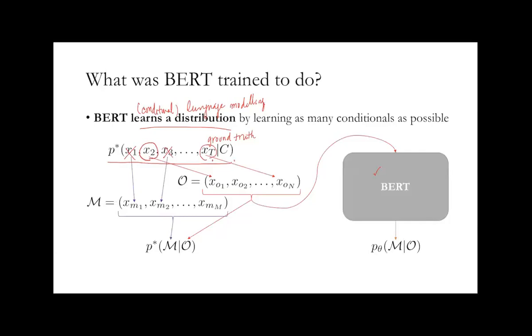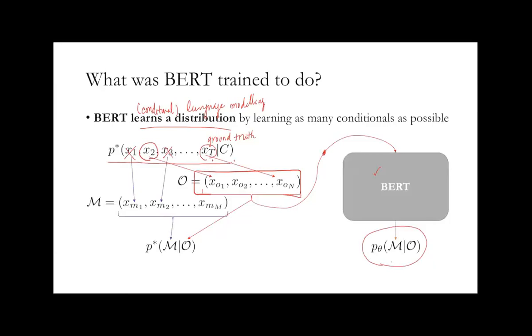We are corrupting the sentence so that some words are masked out. BERT cannot see those words, and that is what goes into BERT as the input. Then BERT needs to try to recover what those masked out words are.